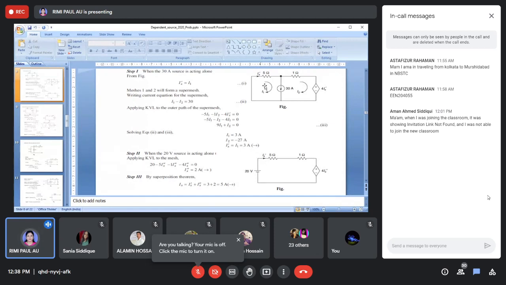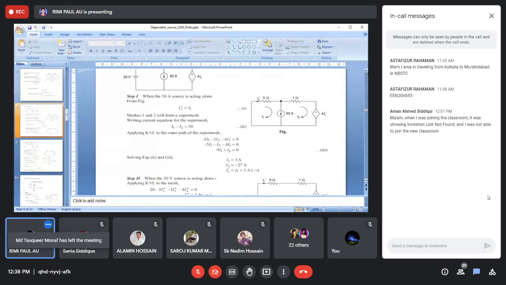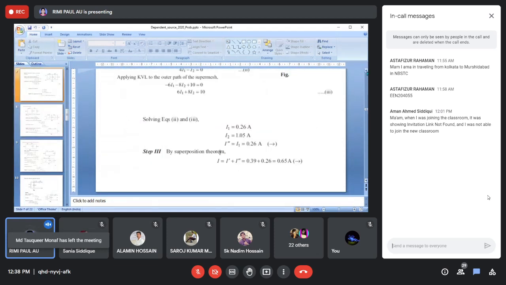When both sources are acting, Ix prime plus Ix double prime is equal to Ix, that you have to find out. Okay, now solve this problem. Do not see the solution.